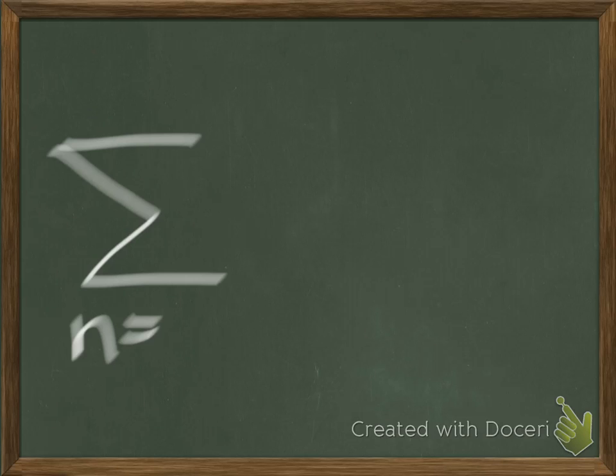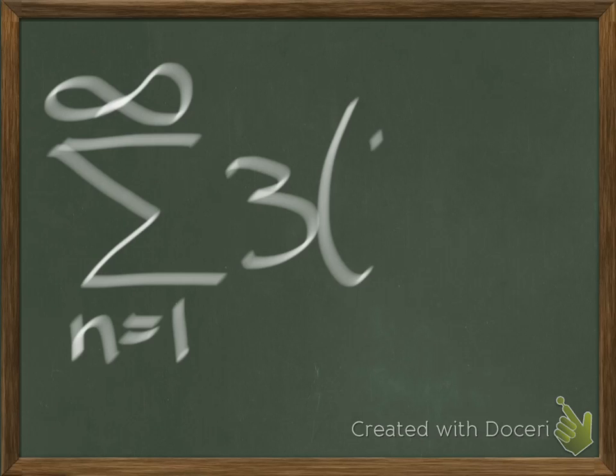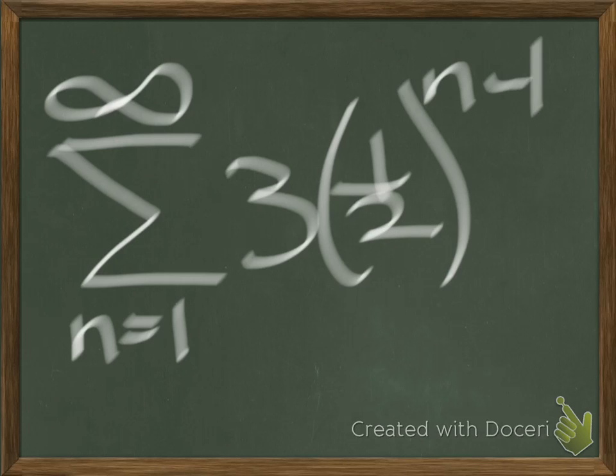Why don't we look at an example right now. Here we have a summation from 1 to infinity of 3 times 1/2 to the n minus 1. Let's find out whether or not this series will converge or diverge.